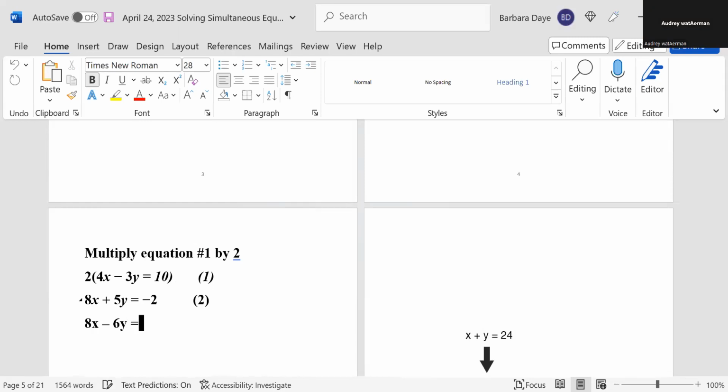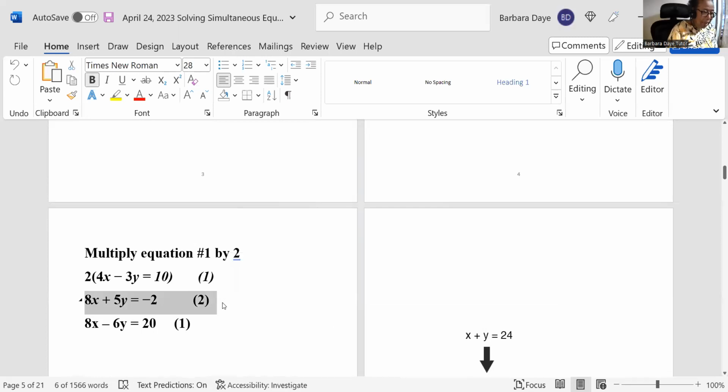Remember I said you multiply the whole equation. That's a common error. So now equation 1 is 8X minus 6Y equals 20, right? That's still number 1. Now the second one is 8X plus 5Y equals minus 2. So let's just copy that.